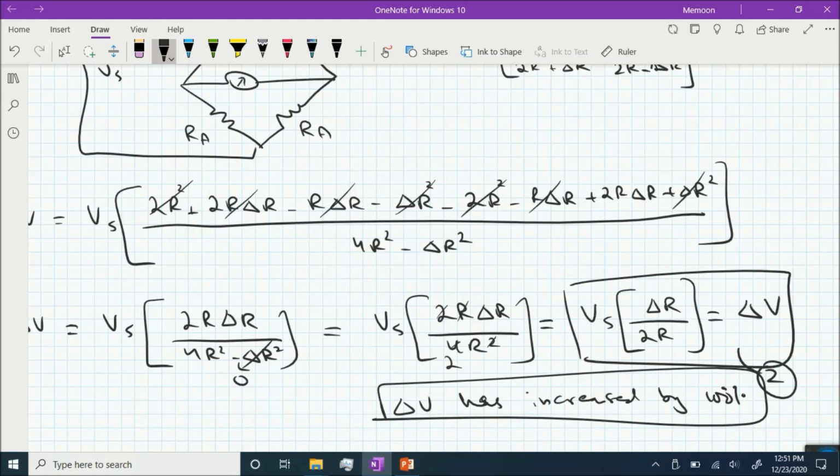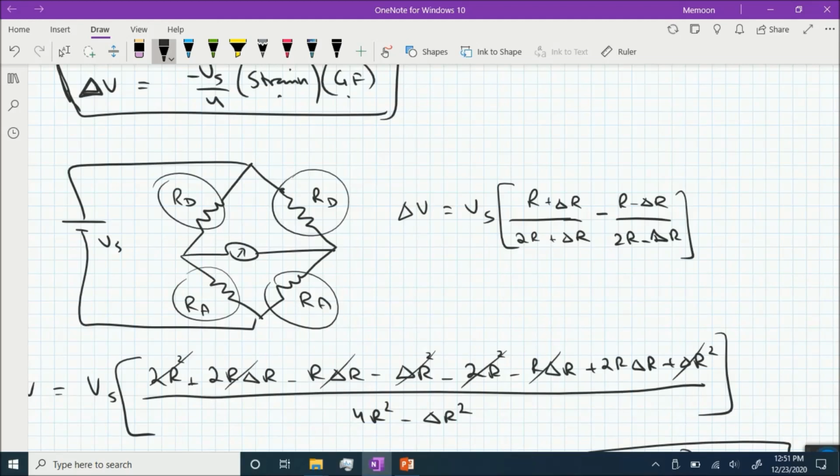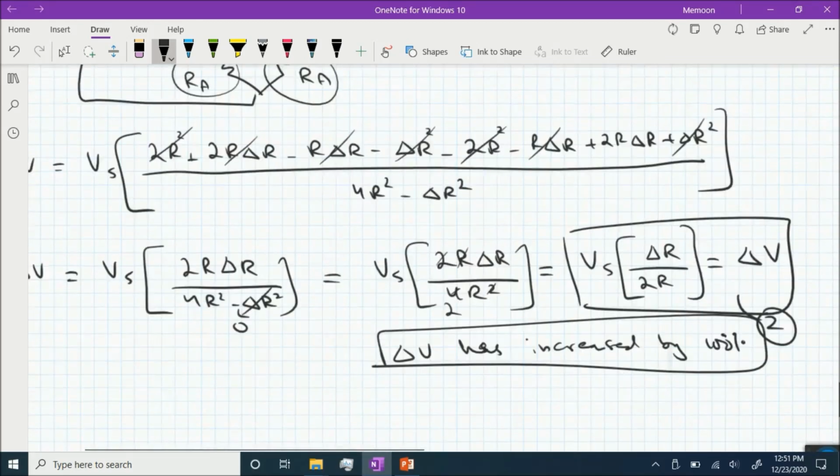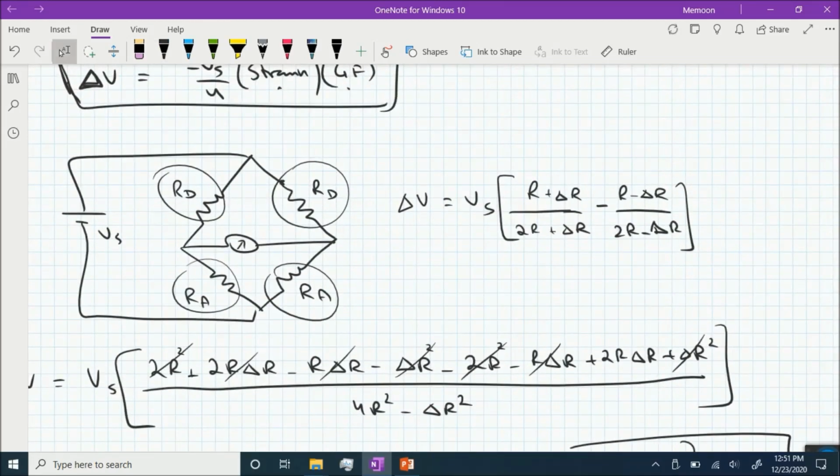So this means that your sensitivity has doubled if you choose a dual arm configuration in which you have 2 active sensors and 2 dummy cells. So to measure very small changes in resistance in case of strain gauges, we can use these configurations to improve the sensitivity output, the delta V of our bridge circuits, by using multiple active sensors instead of just one.